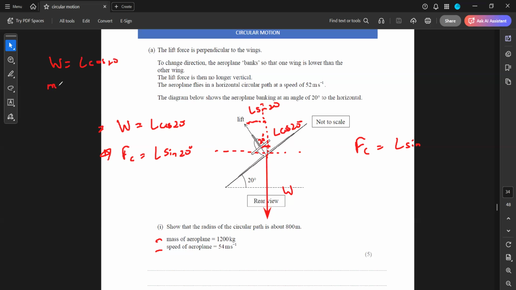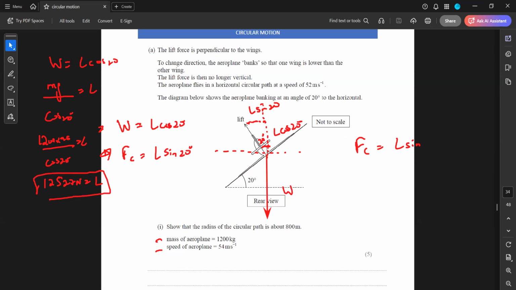W equals mg, so mg divided by cosine 20 equals L. The mass is 1200, gravity is 9.8, divided by cosine 20. So we got 12,527 Newton. That is the value for L.